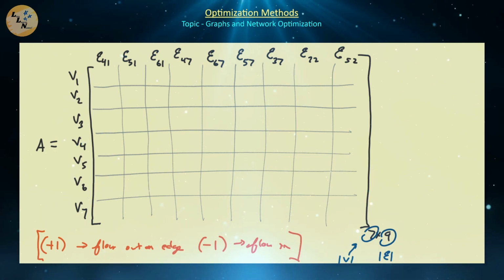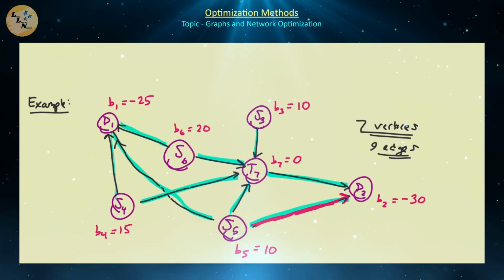So if you look at, for example, vertex 1, let's just take a look at our graph here. So keep in mind, +1 flow out, -1 flow in. So if we look at our picture for node 1, so node 1 is located right here, notice that we have 3 flows into it. We have a flow from 4, we have a flow from 5, and we have a flow from 6.